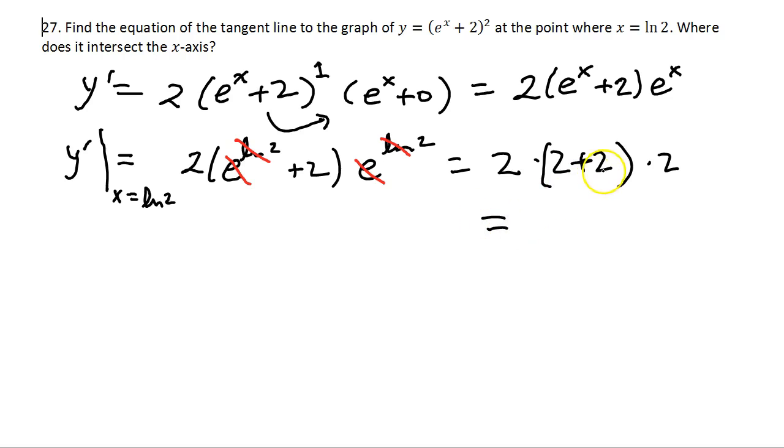So you end up with 4 times 2, 8. 8 times 2 is 16. So 16 is the slope.